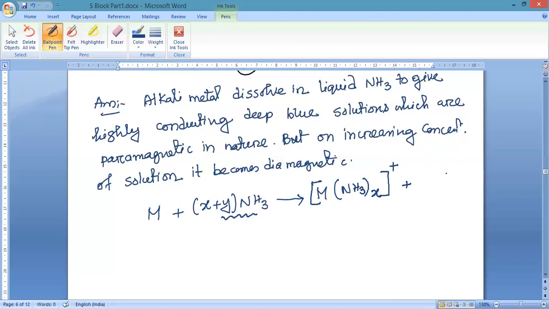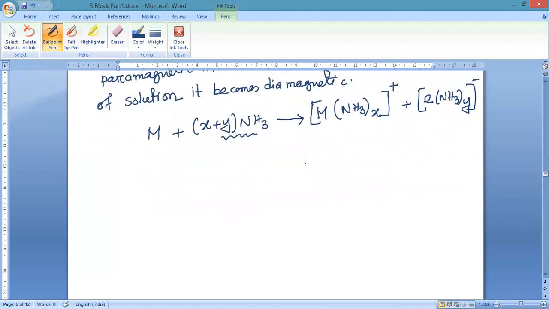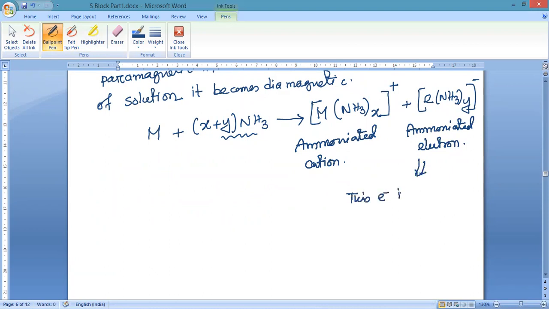So Y number of NH3 will stay with the electron. Electron has a negative charge, so it will be negatively charged. Okay, तो यहाँ पे हम लिख सकते हैं कि this is ammoniated cation, and this is ammoniated electron. Okay, ammoniated electron, and this electron is responsible.